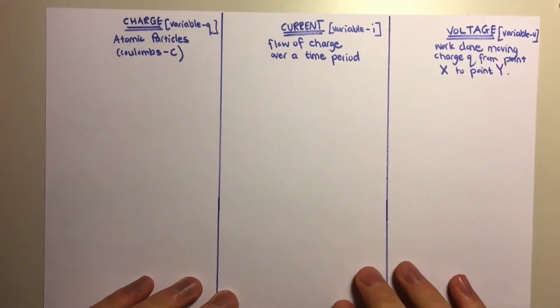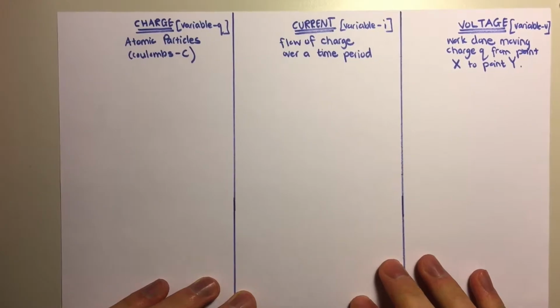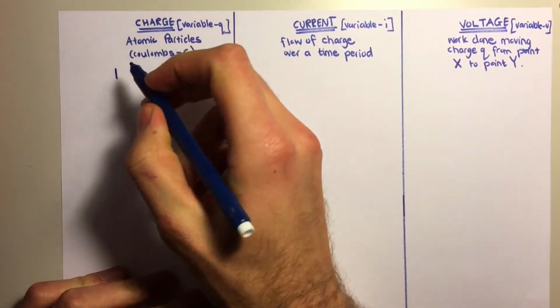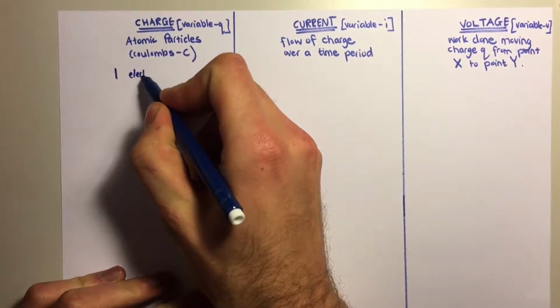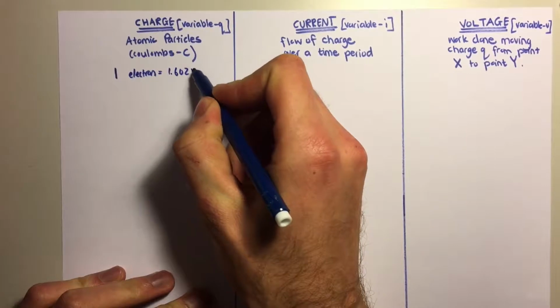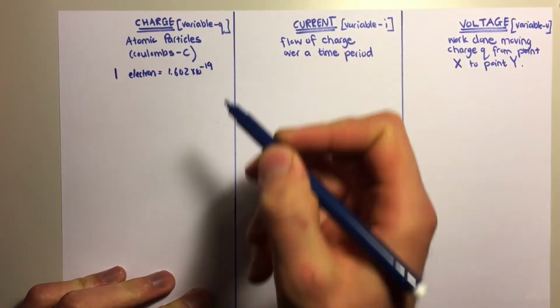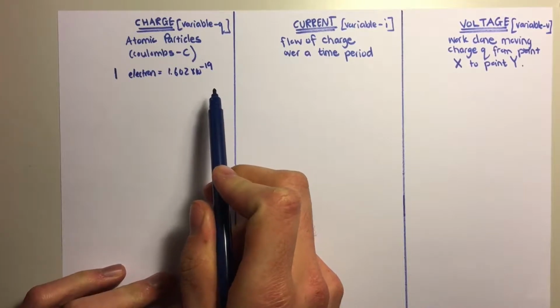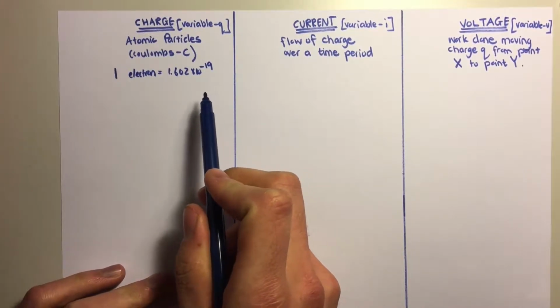A lot of atomic particles put together, and it's made up of electrons. We all know that one electron is equal to 1.602 times 10 to the minus 19 magnitude. So how do we find the number of electrons within 1 coulomb?